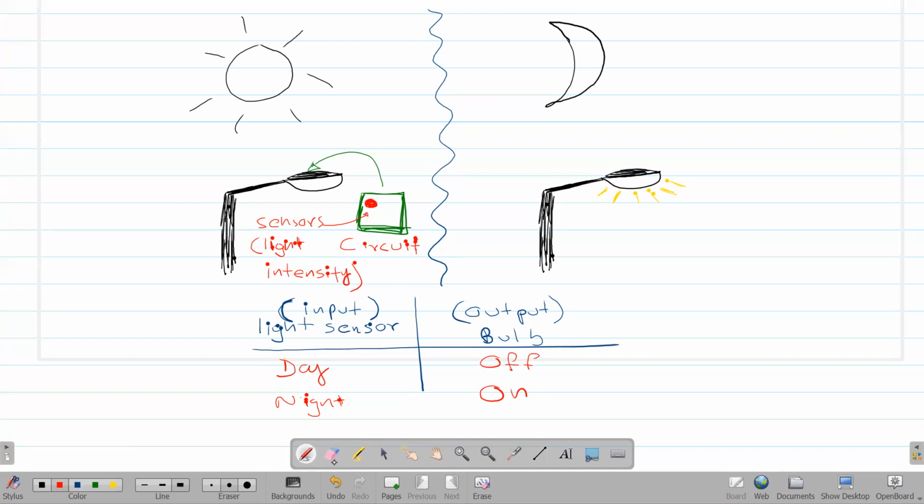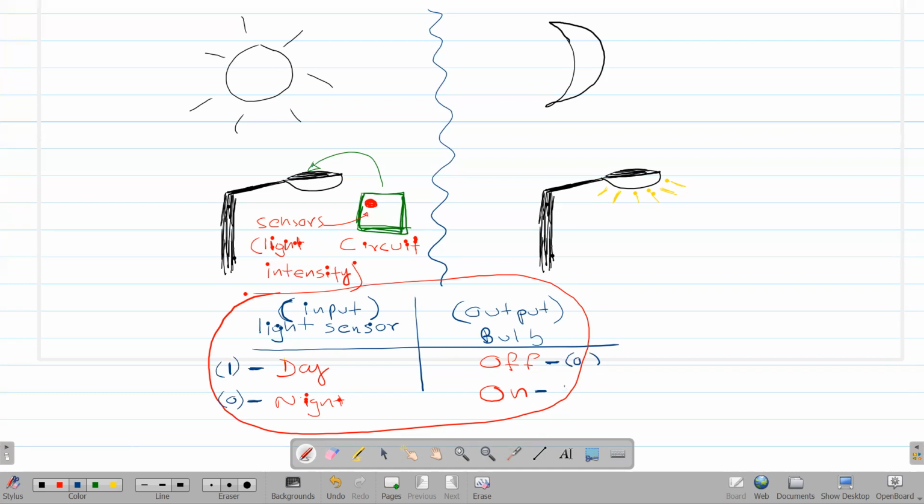So when they are creating this circuit, they are using this particular logic, right? And they are assigning particular values to these inputs. They indicate day using the value 1, and night using the value 0, as an example, right? And the off state as 0, on state as 1.